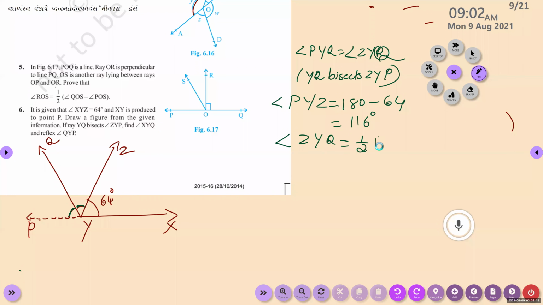Half of 116, so it is 58. Write the linear pair reason here. So this angle is 58.